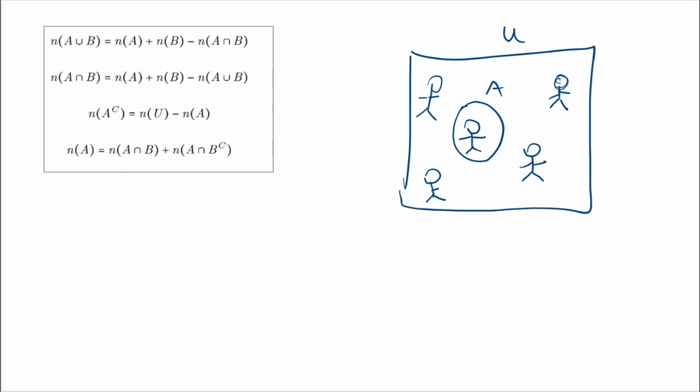All right, so the first one that I want to show you is this one. And let's interpret what it's written here. So here, what we see is the number of elements, right? This n brackets means number of elements.